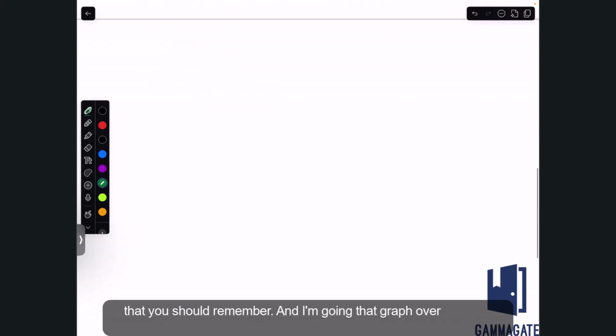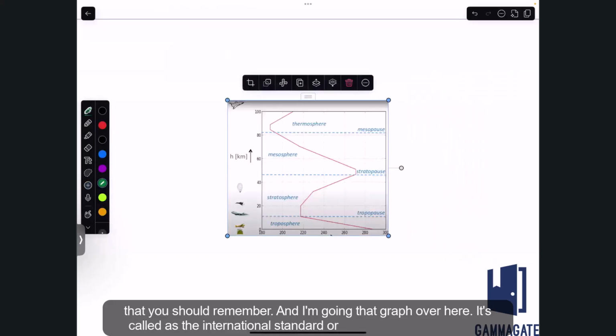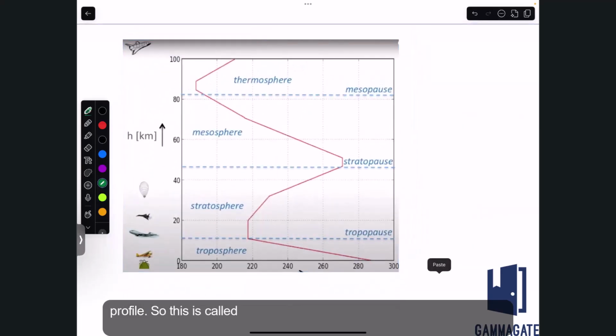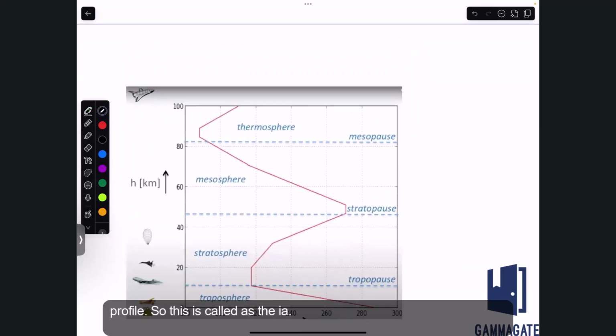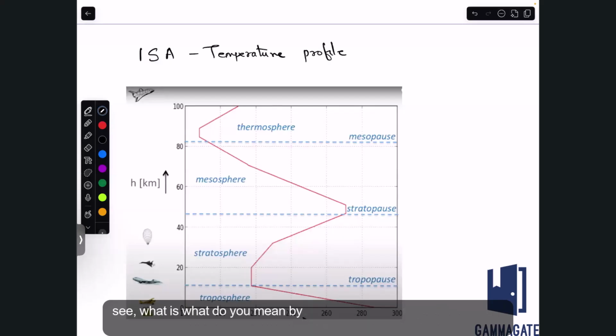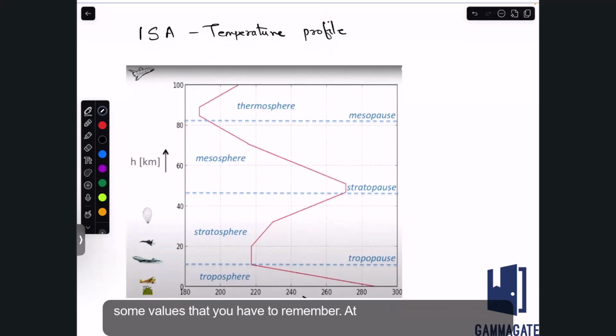I'm going to put that graph over here. It's called the International Standard Atmosphere Temperature Profile, the ISA. Let's see what this means. There are some values that you have to remember. At sea level, the height is 0 meters.